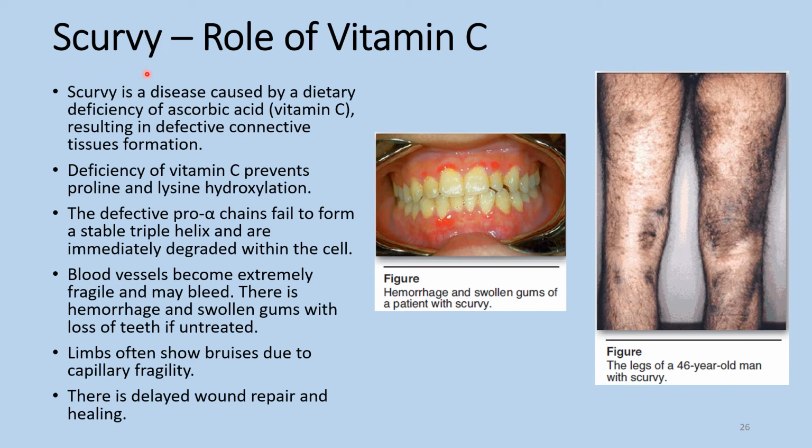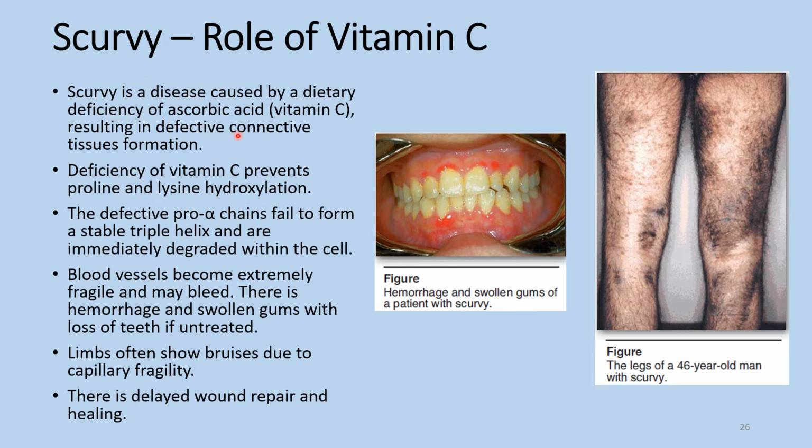Scurvy is the disease of connective tissues by virtue of deficiency of vitamin C. It should be taught along with vitamin C. But here it is worth studying scurvy to understand scurvy and connective tissue disorder at the molecular level.